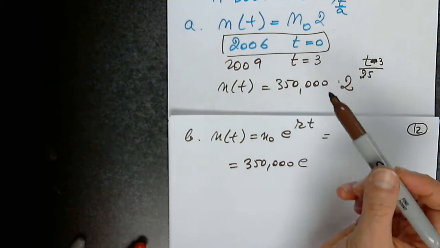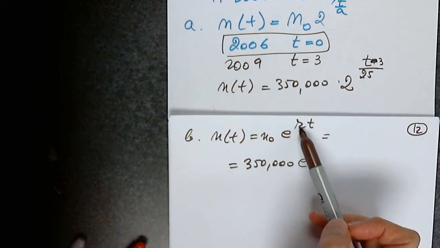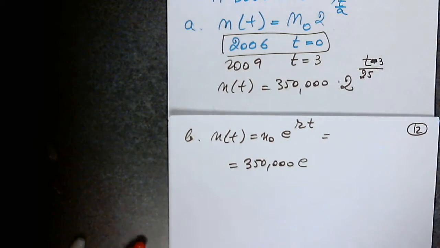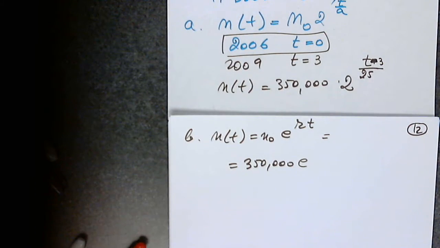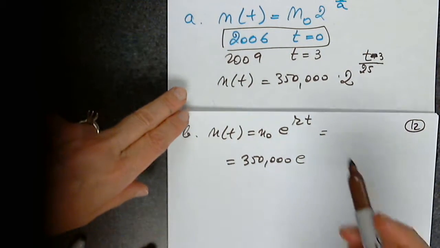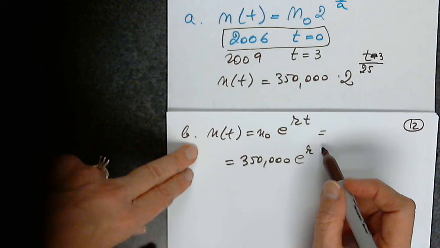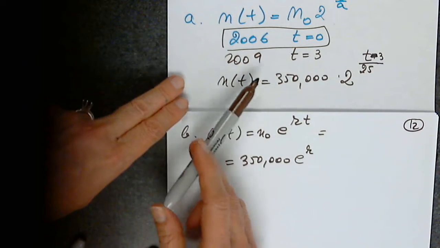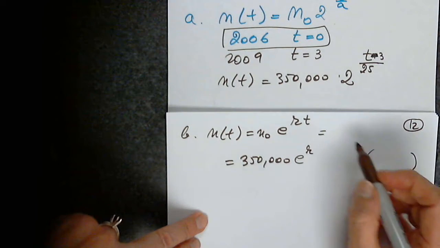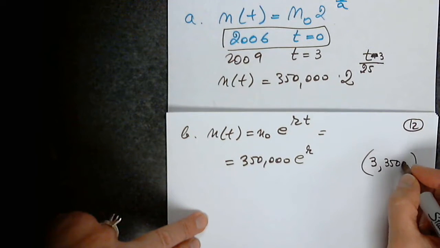E, we do not have the rate. In some books it's denoted by r, in some books it's denoted by k. So let's stick with r because that's what they have. So we do not have r. But we do know that in 2009 we have a point: when t is 3 years, the population was 350,000.